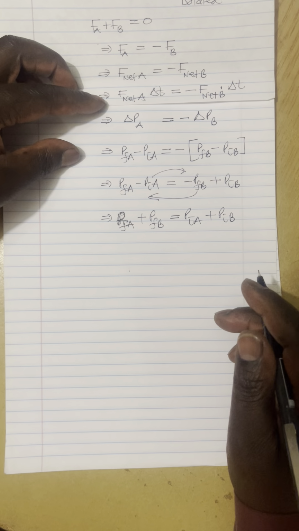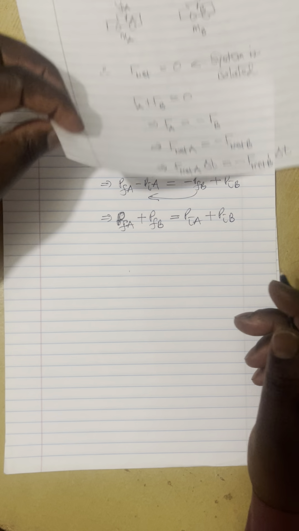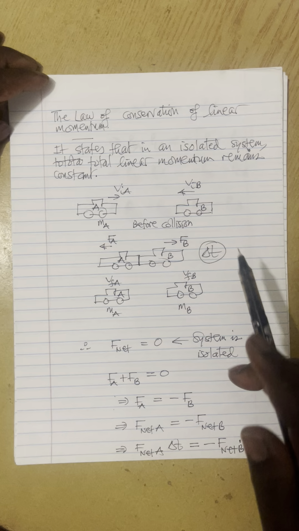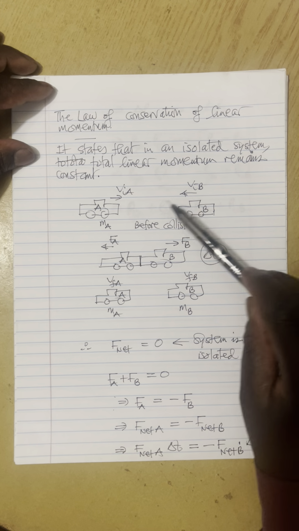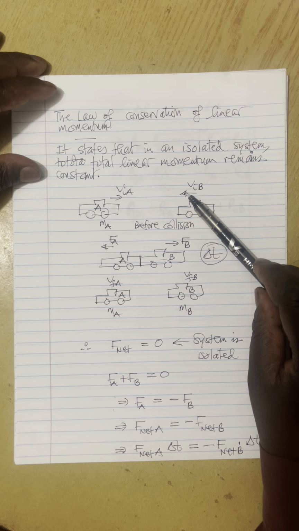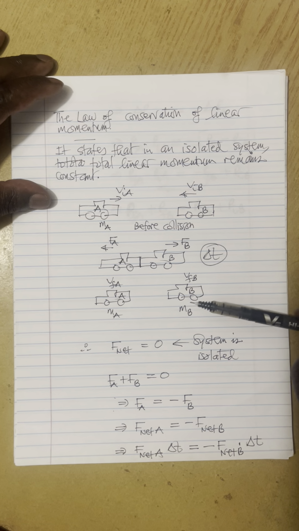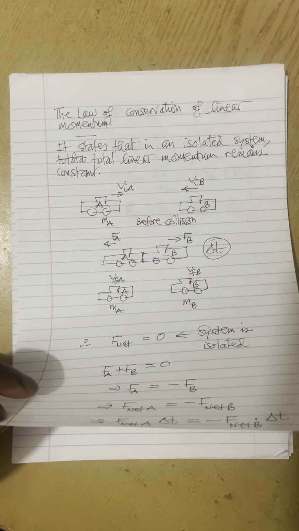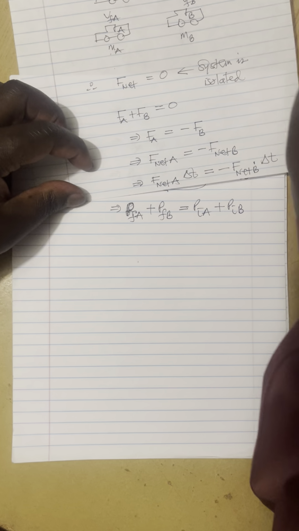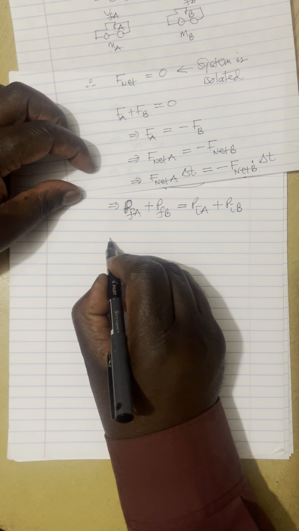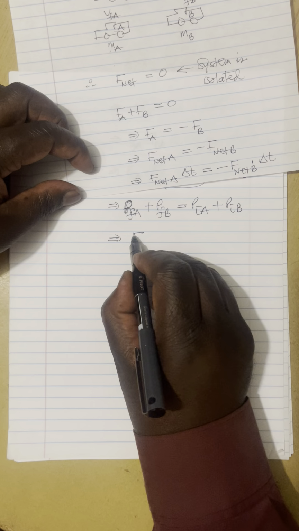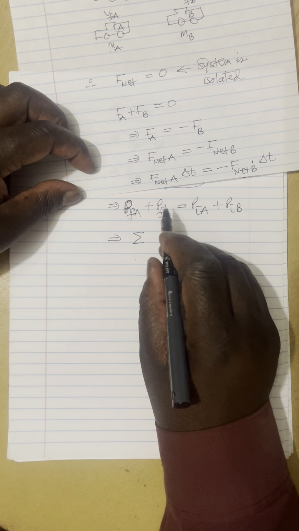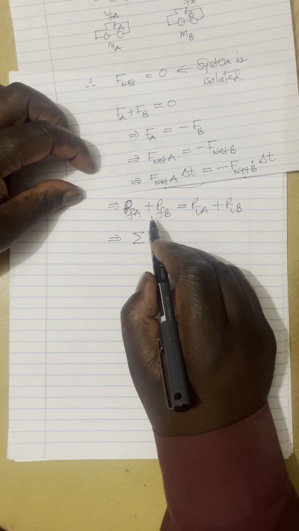What does this mean? It means that when we sum up momenta of these two cars before they collide, the answer will be the same as when we sum up momenta of these two cars after they have collided. Why? Because the system is isolated, net external force is 0. So we can say this is the same as total, sigma notation there, Greek capital S for sum.